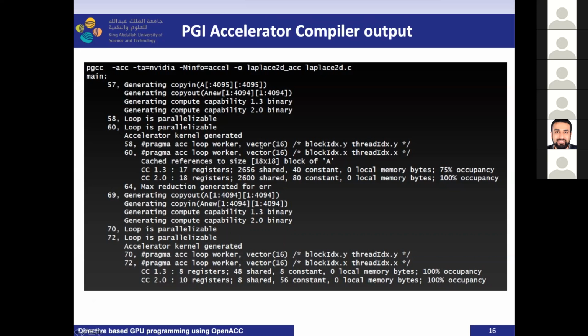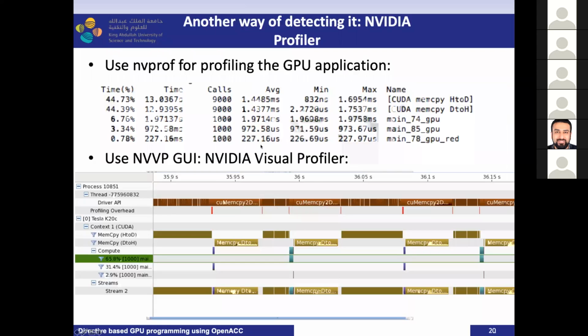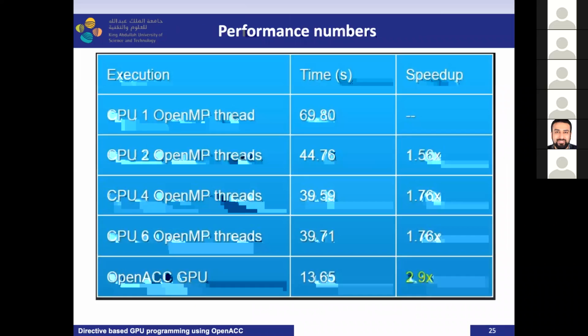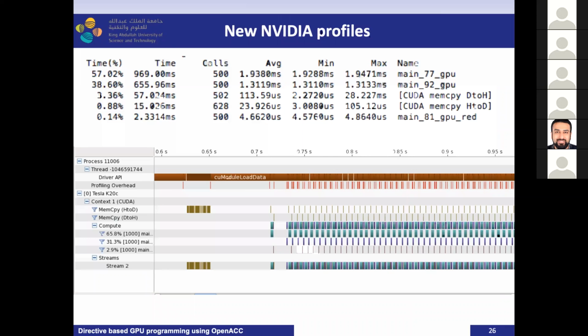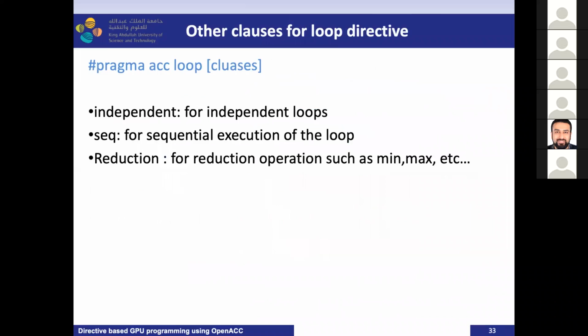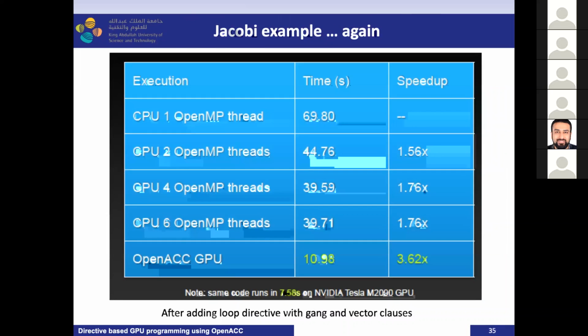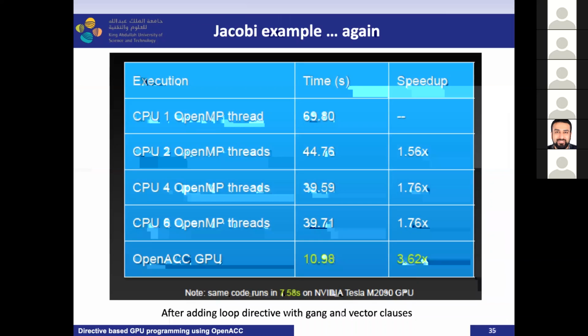So what we're going to do is insert the gang and vector explicitly in the code, and we're going to change those. We start playing with the numbers until we get slightly better performance. So in our example here, we went from 2.9x up to 3.6x. So it's a slight additional improvement, and we squeeze the best performance at the end from the GPU.